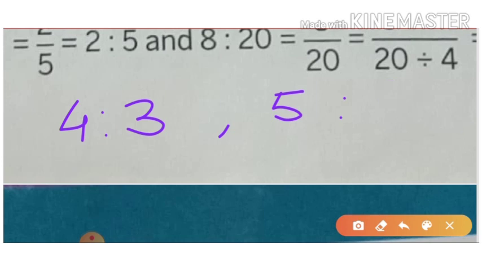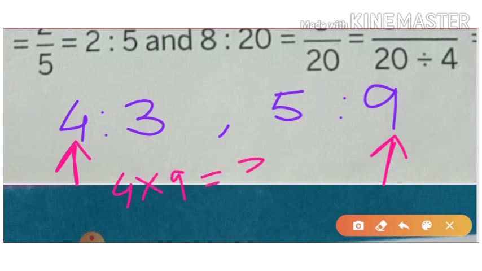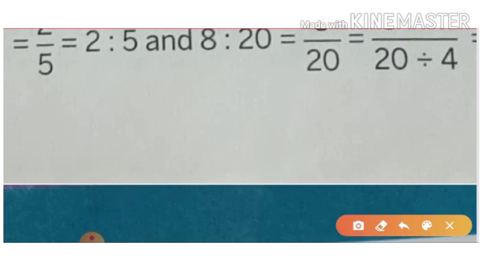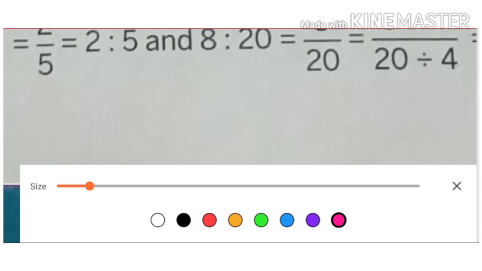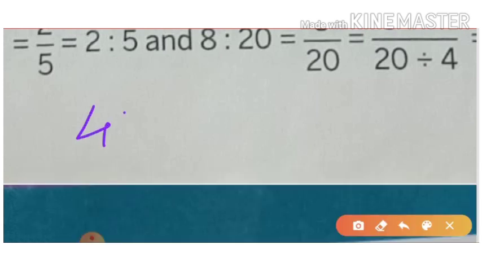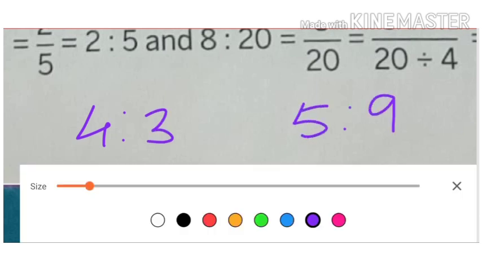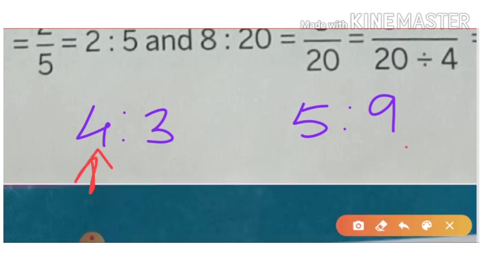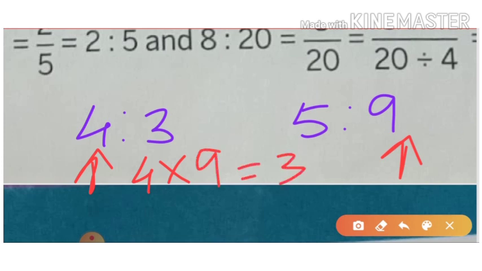So what we have to do is see the extreme ones. 4 and 9 are extremes, and 4 into 9 is 36. Again I will write: 4 and 3, 5 and 9. The extremes are 4 and 9. So 4 into 9, that is the product of the extremes, is equal to 36.